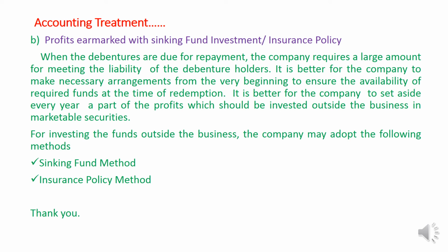So for mobilizing funds for redemption, the company will make necessary arrangements in 2025 or at the time of redemption. The company will transfer a certain amount from the profit and loss account and it will be invested outside the business in marketable securities.